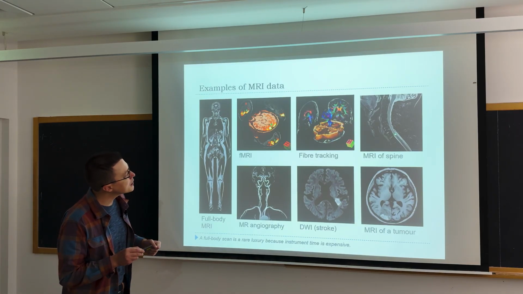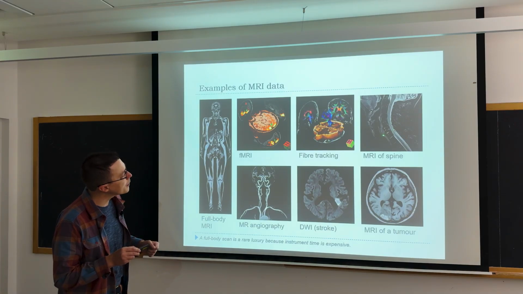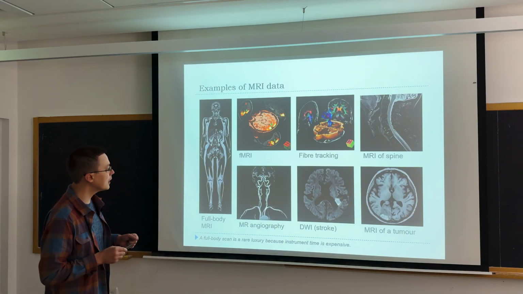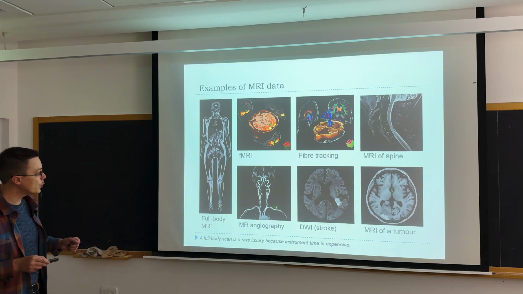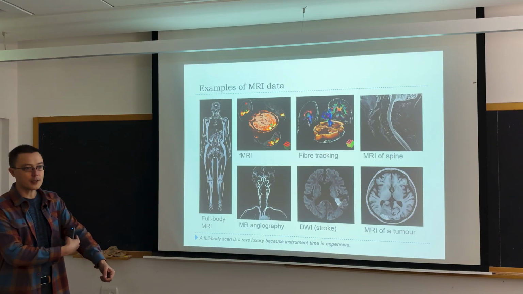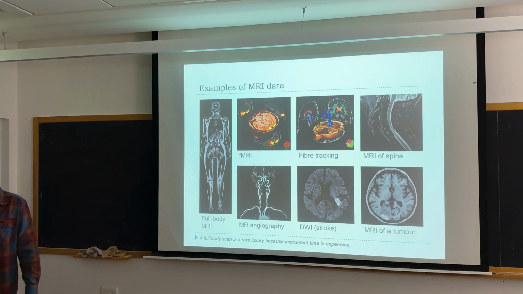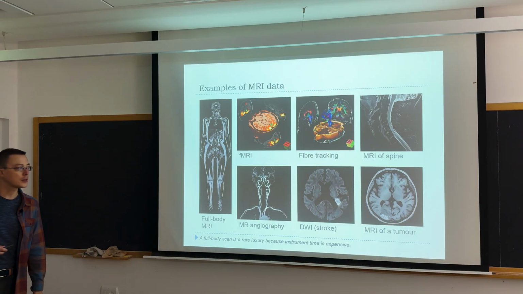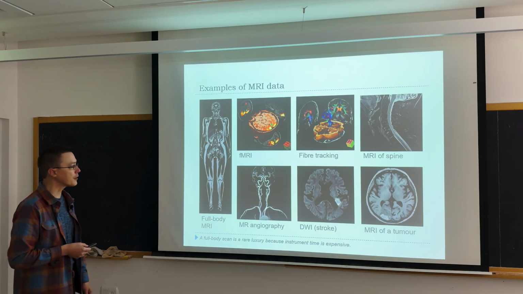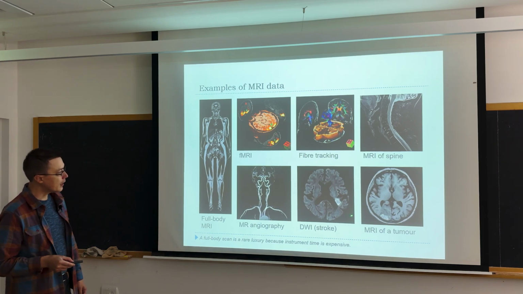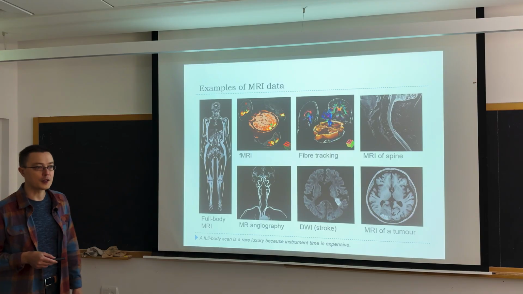You can see somebody's slipped disc that is apparently very painful here, MRI of spine. You can literally inject a gadolinium substance into somebody's bloodstream, which radically changes the magnetic properties of the blood, and then you can do angiography and see the cardiovascular system. This is a diffusion weighted image of a stroke.